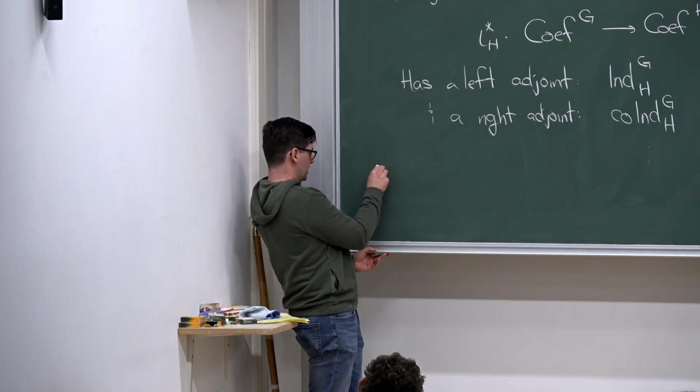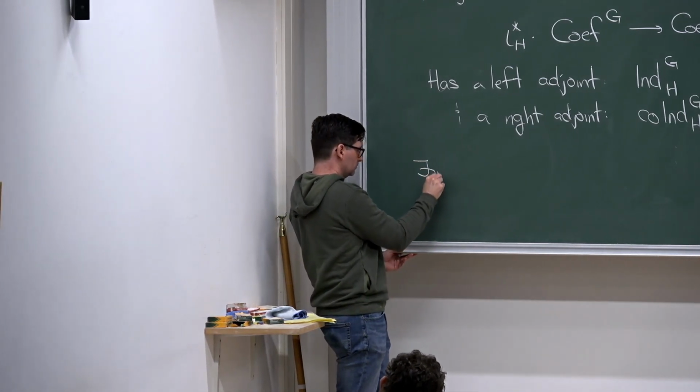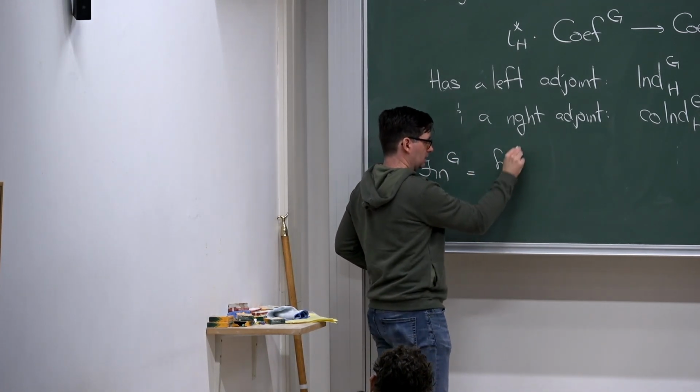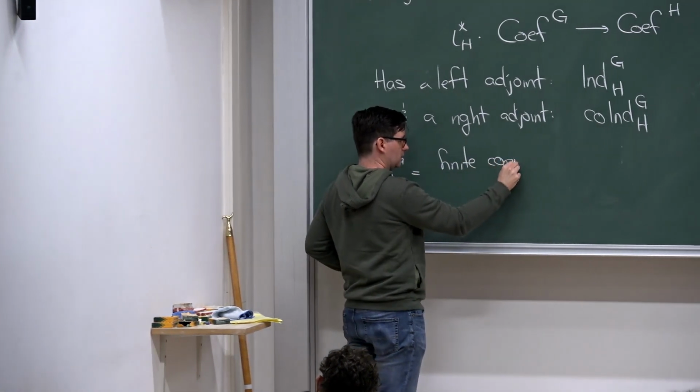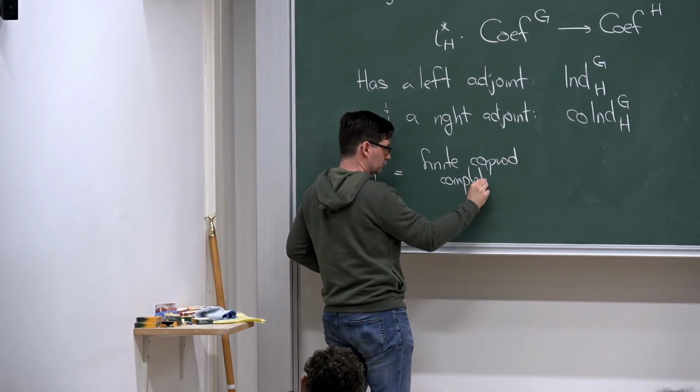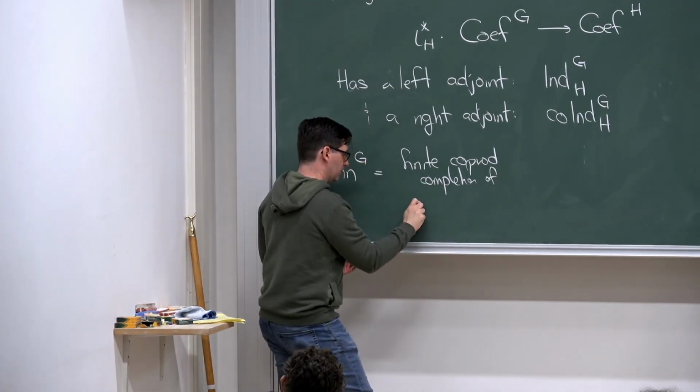So Fin G is the finite coprod completion of the orbit category.